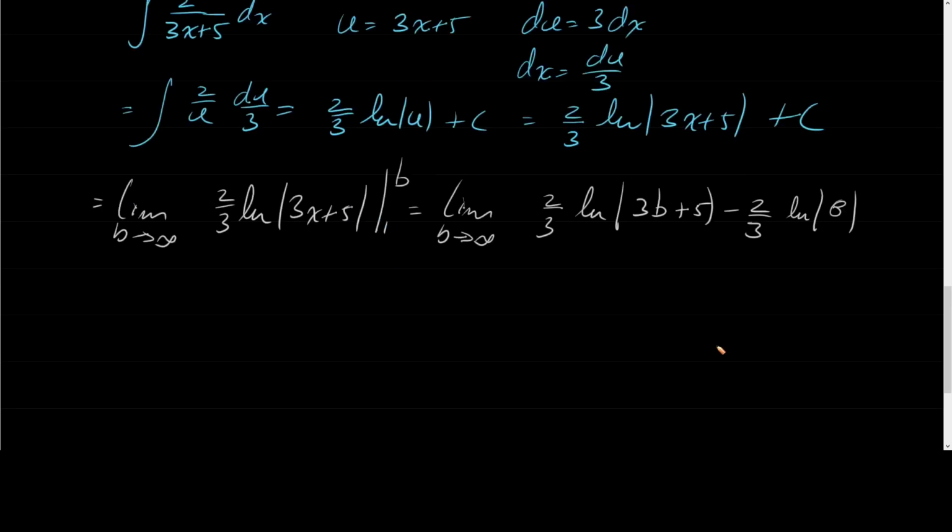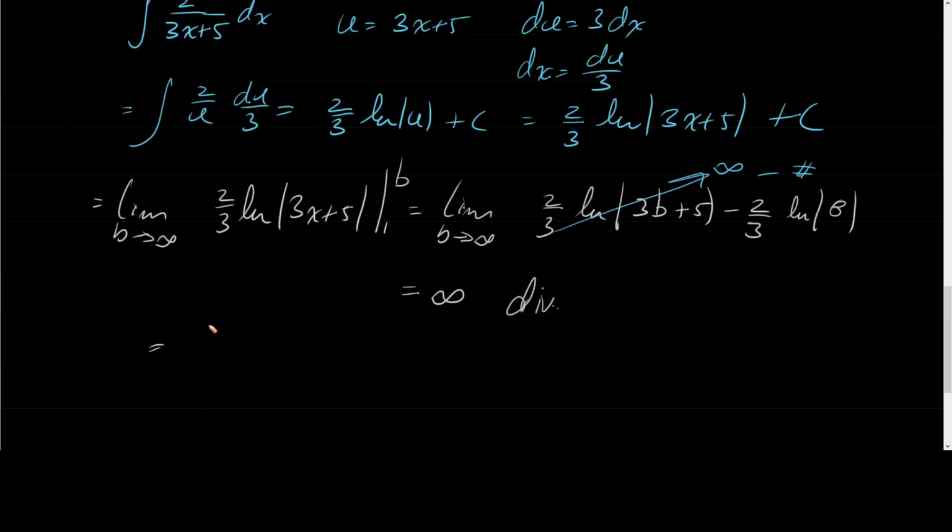And as b goes to infinity, it doesn't really matter what this part over here is doing. This right here goes to infinity. So if we have infinity minus a specific number, which gives us infinity, we again get that it diverges.